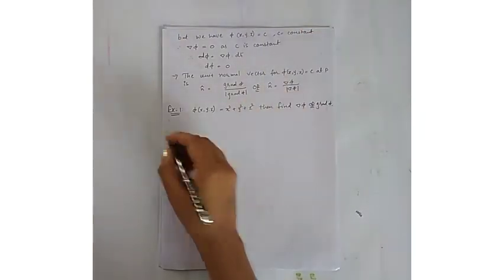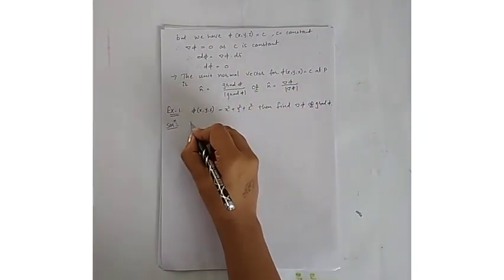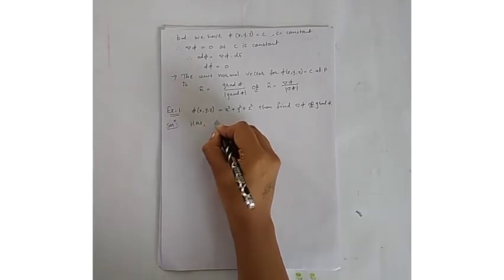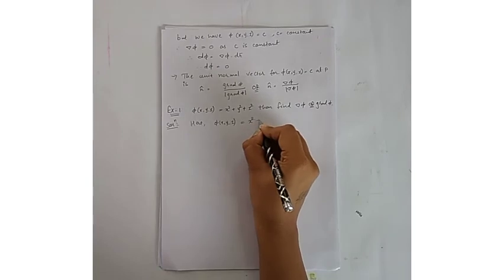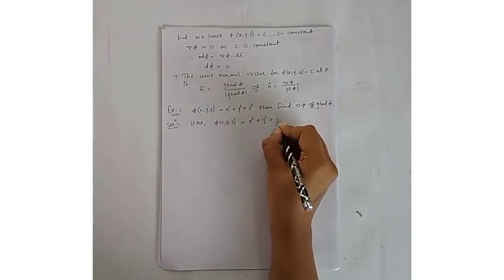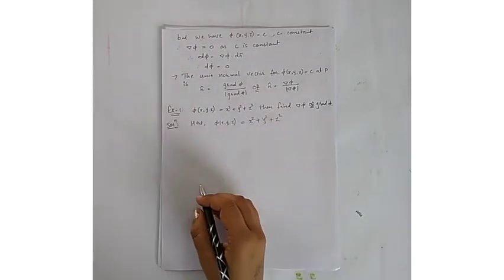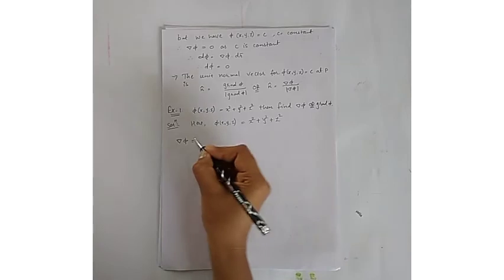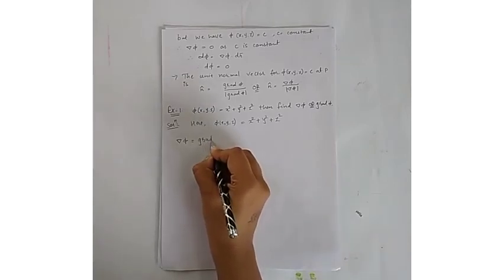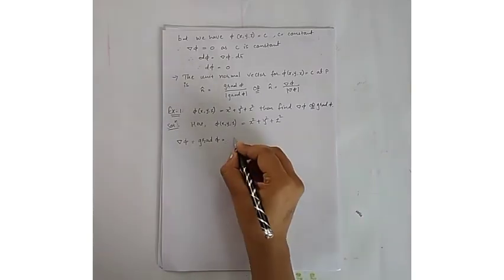Right. So for the solution, here phi of x, y, z is equal to x square plus y square plus z square. For that we have to find del phi or gradient of phi. So what is the definition of gradient phi?